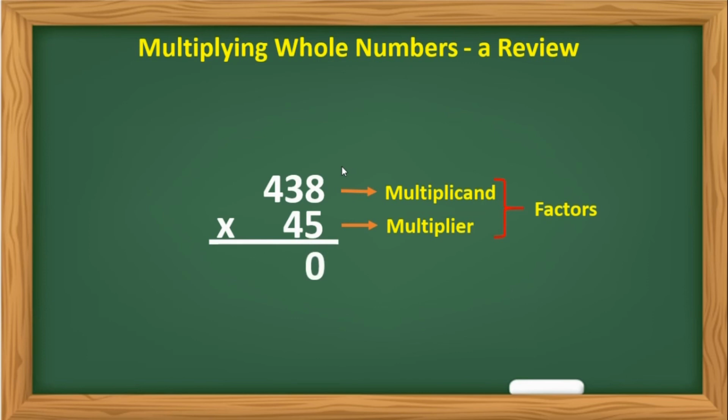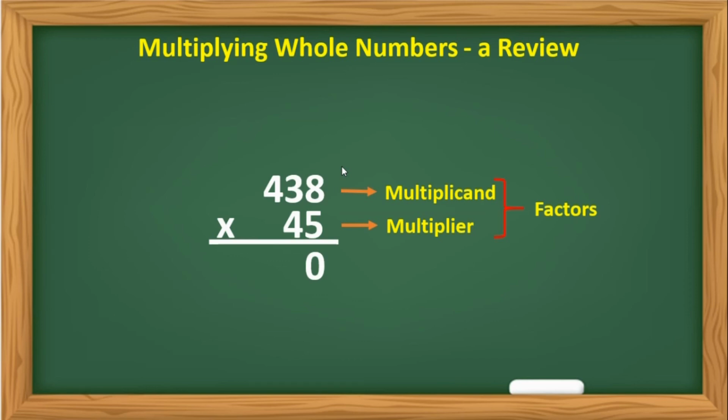First, we have to multiply the digits of the multiplicand by the multiplier, starting with the rightmost digit. The rightmost digit of our multiplier is 5. So let us multiply 5 to all the digits of the multiplicand. 5 times 8 is 40.